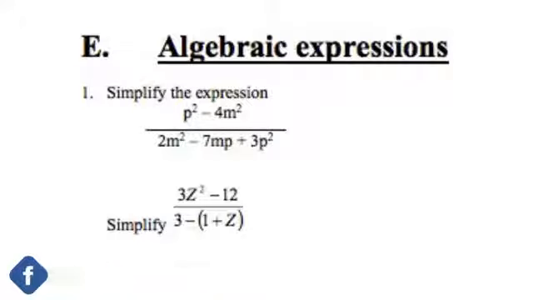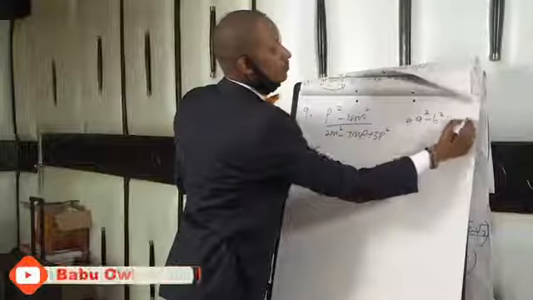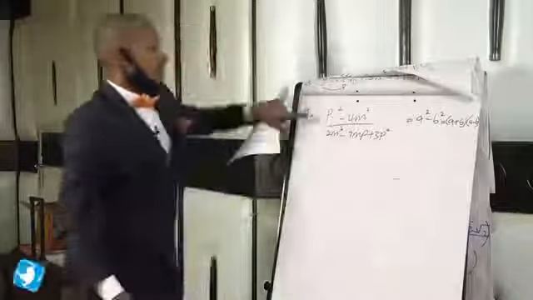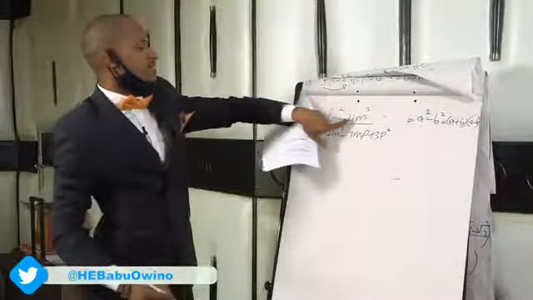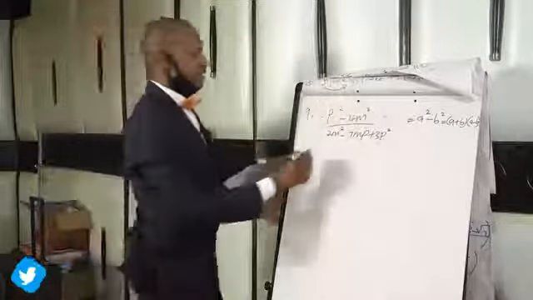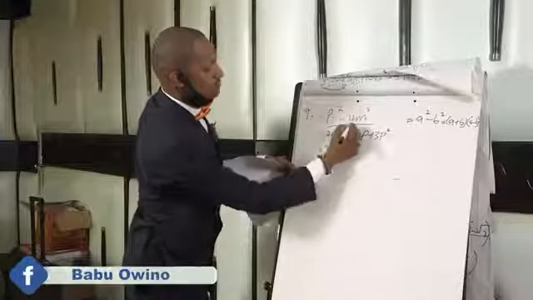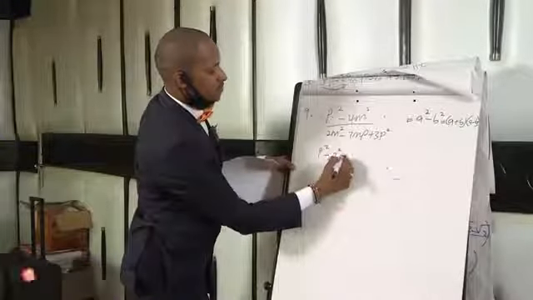We can see the numerator is a difference of two squares. A difference of two squares means a squared minus b squared, which can be written as a plus b into a minus b. Therefore, p squared minus 4m squared, you can see 4 can be written as 2 raised to power 2, m raised to power 2.